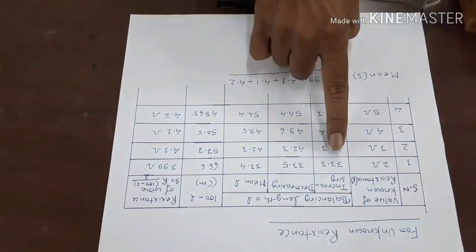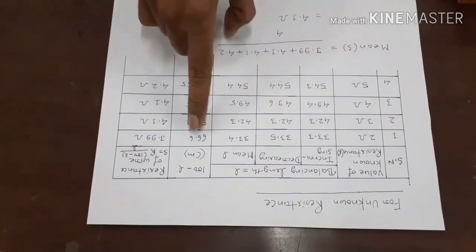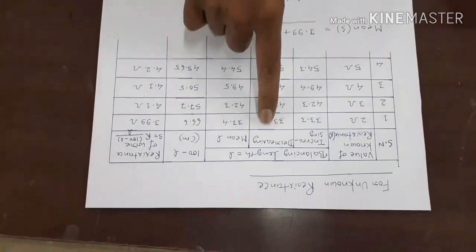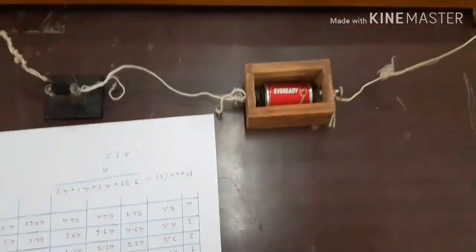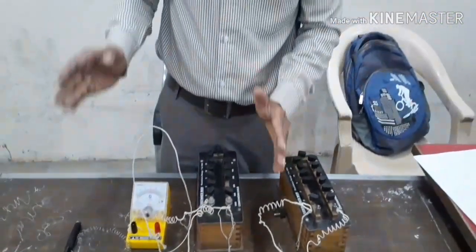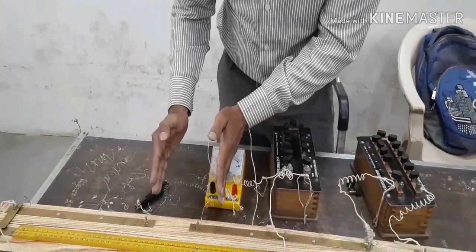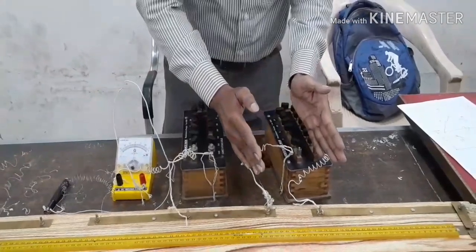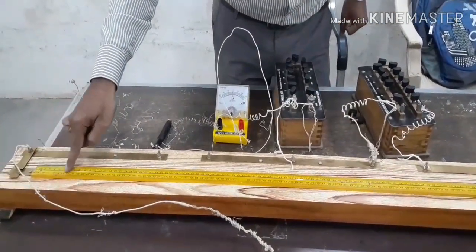The balancing length L is taken as 33.3, and after that 100 minus L. You can also take the decreasing reading: by exchanging them, so that this wire is at this terminal and that one at the other terminal, you will note the reading of L from this terminal.